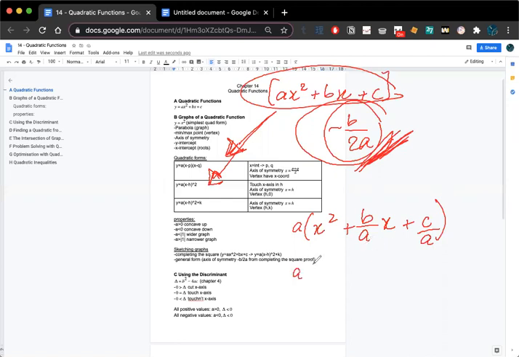And then after that, you try to complete the square, like what we did yesterday. So b over a x, and then plus the squared amount, plus c over a minus the squared amount, which is close to 0.